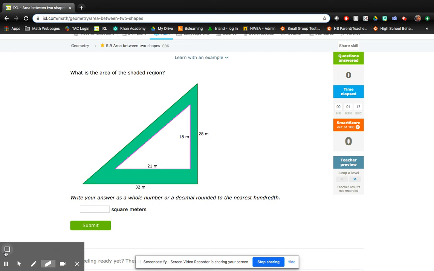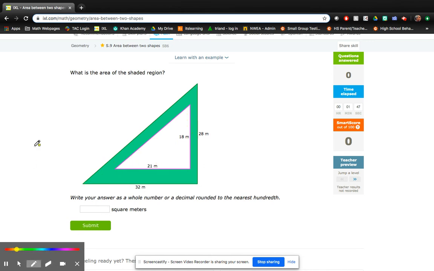So rather than do all of that, what I can do is find the area of this whole triangle, right? This whole triangle, pretending like the white part's not even there, and then find the area of the white part, and then just remove that with subtraction. And so that's what you're doing in this case.